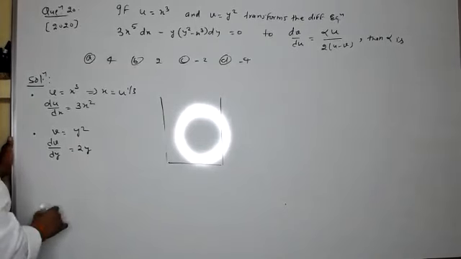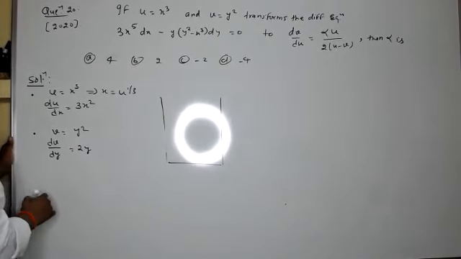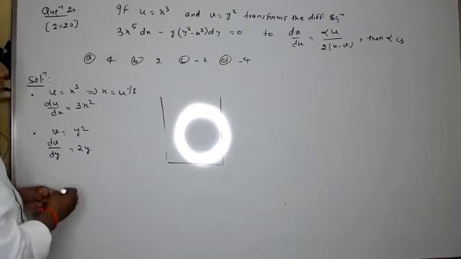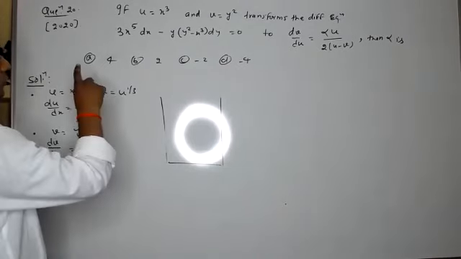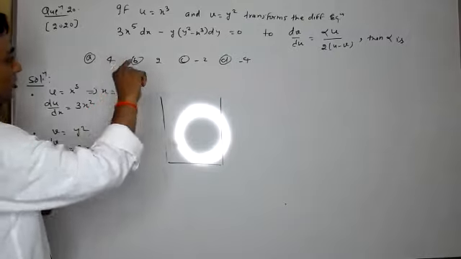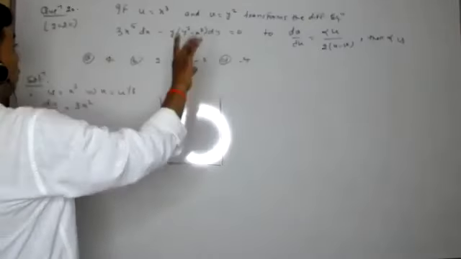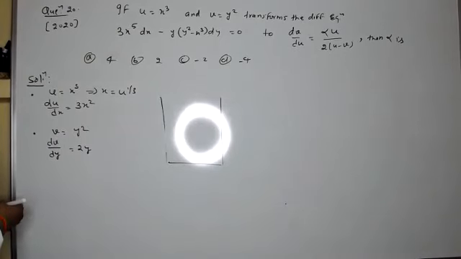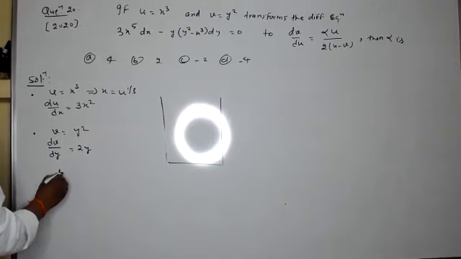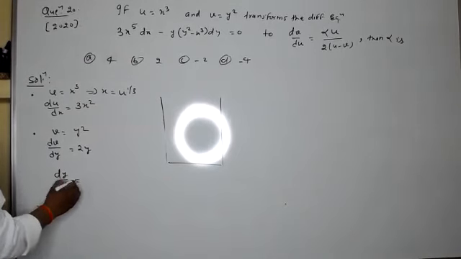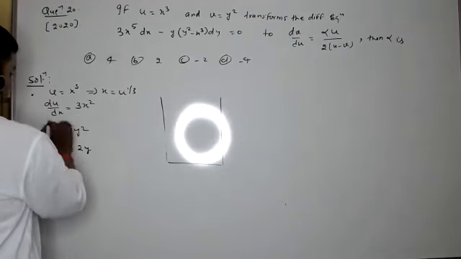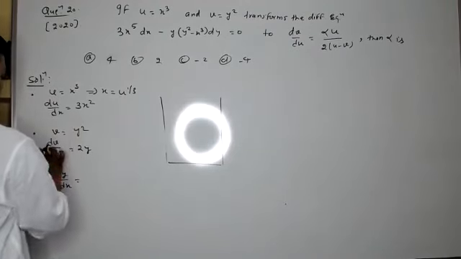2y. Now what do you have? What we needed: u is this, v is this, and it transforms the differential equation to that form. Okay, fair. I wish to have the value of dy over dx, right? So dy over dx can be written as du over dx is this.